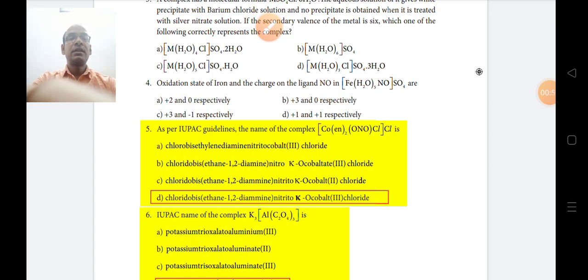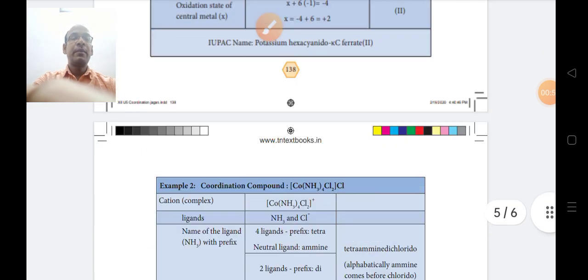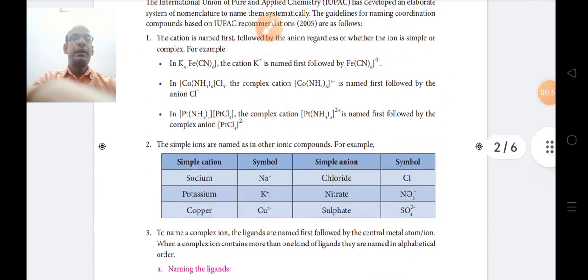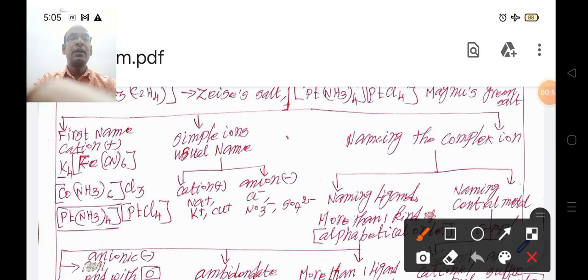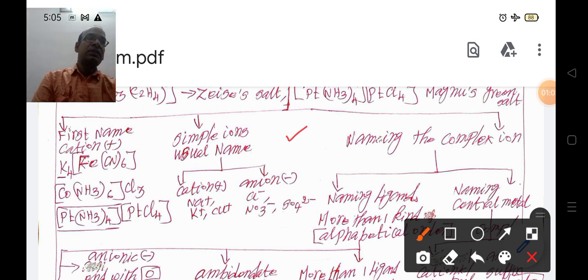In this IUPAC naming, this is the IUPAC name writing procedure. In the exam, they don't ask the IUPAC naming method.